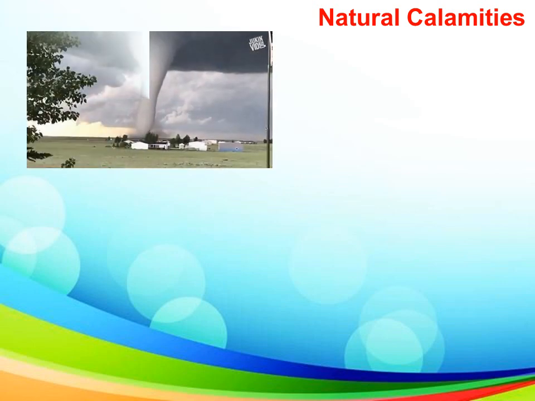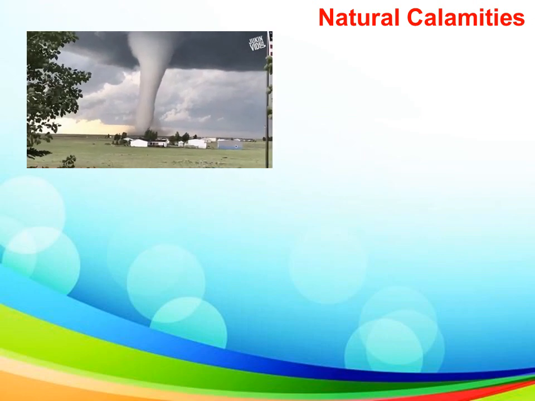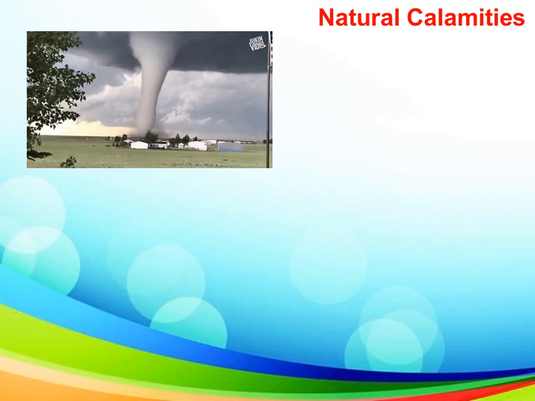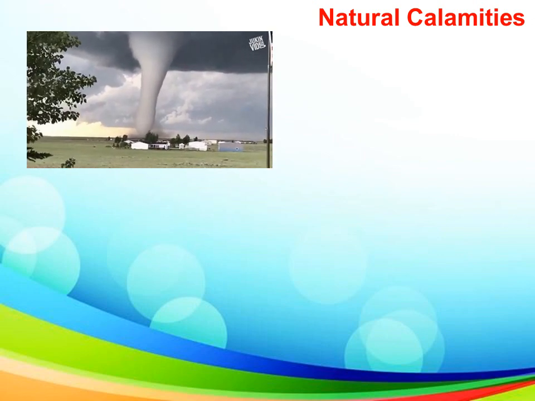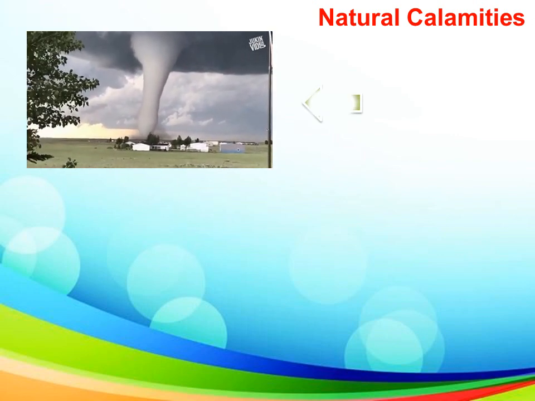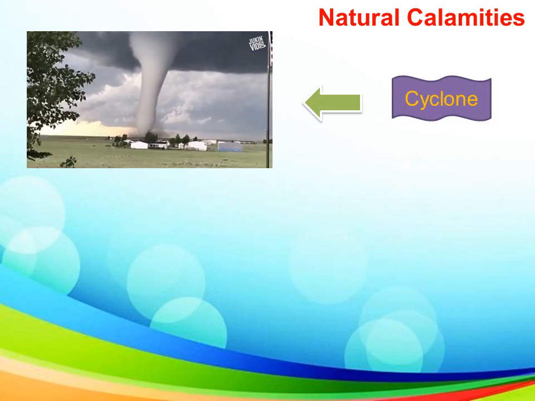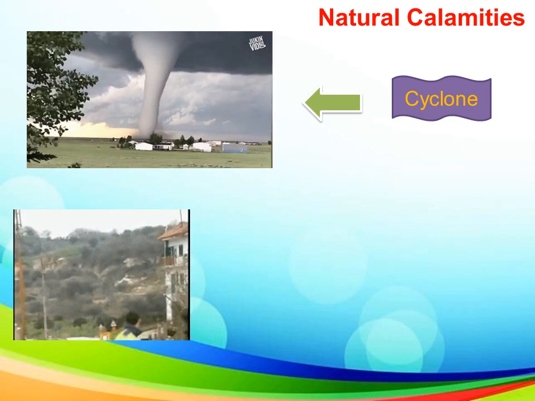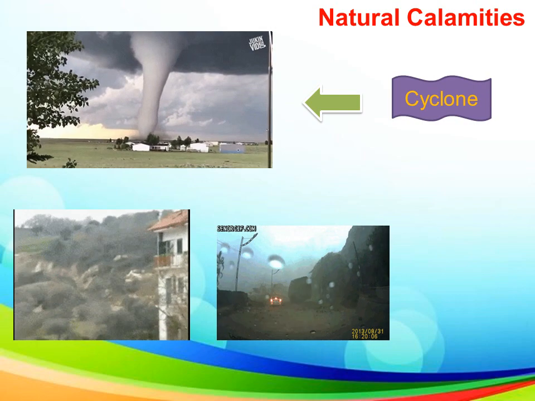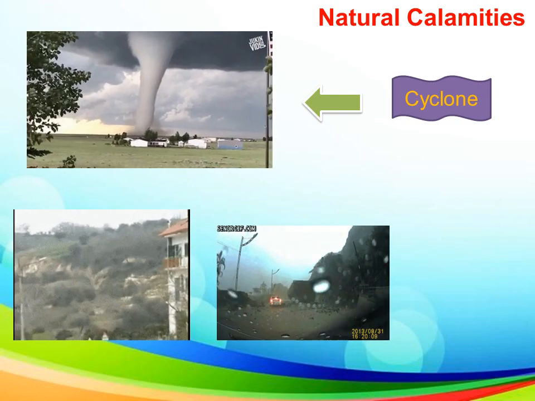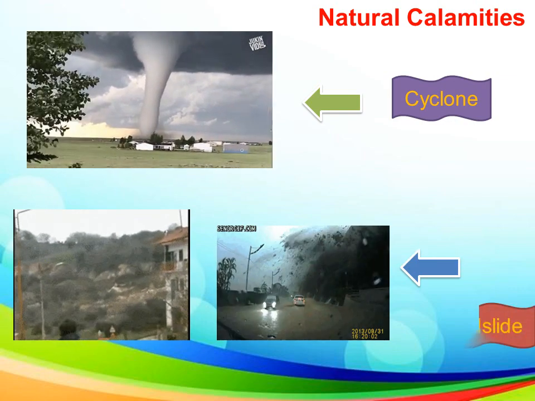Students, natural calamities, let's recognize by seeing this picture. Can you recognize which natural calamity is it? It's a cyclone. Now look at the next picture. Can you tell me which one is this? Correct.